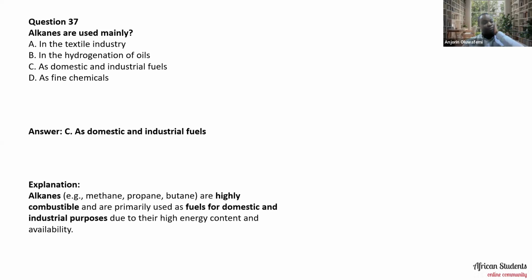Alkanes like methane, propane, butane are highly combustible and primarily used as fuel for domestic and industrial purposes due to their high energy content and availability. So that's that. So please let's take note of that. Very important.